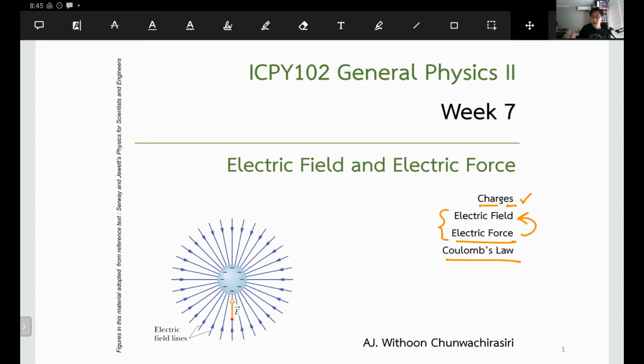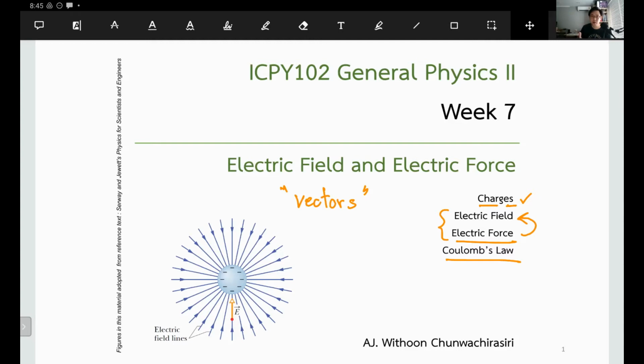I'm going to try to go slowly today because, from experience, many students had some problems with this starting point of the electric topic, because today we need vectors again. We're going to come back to manipulating vectors.